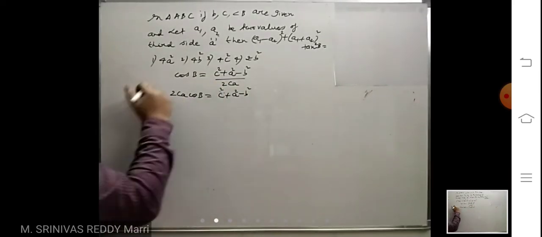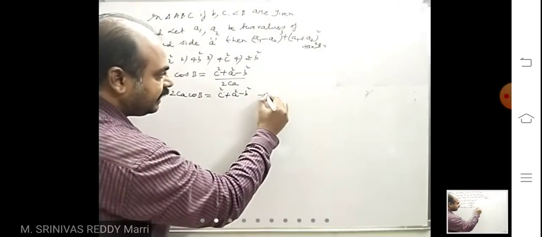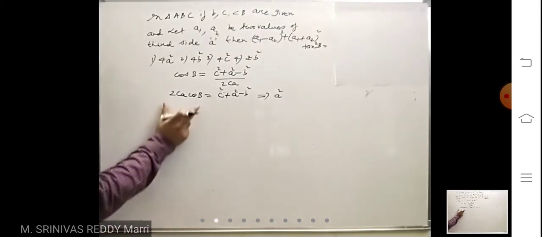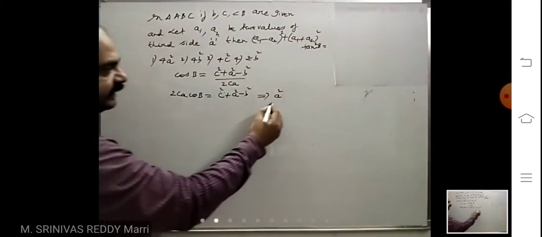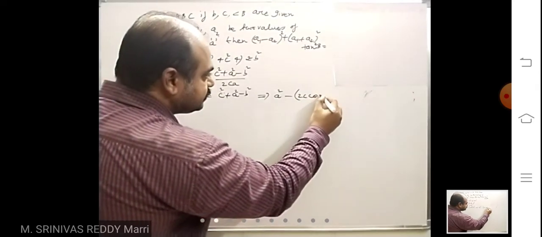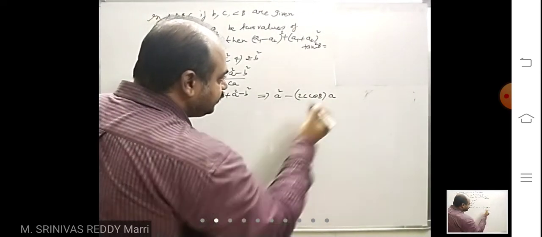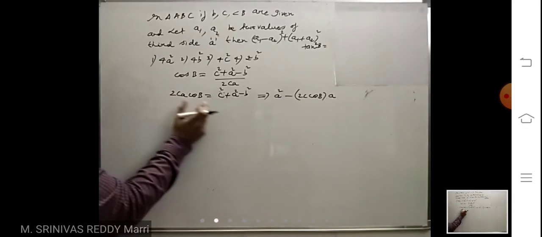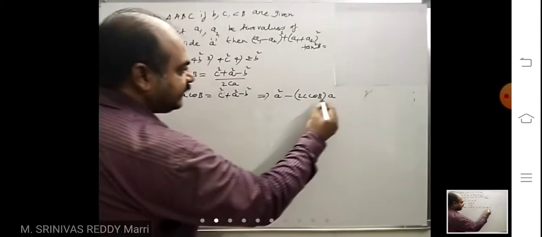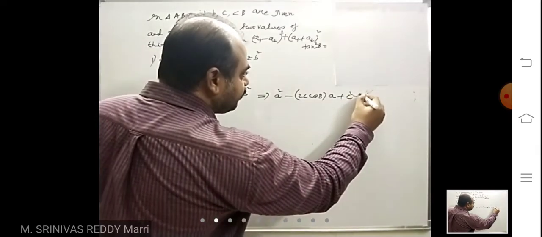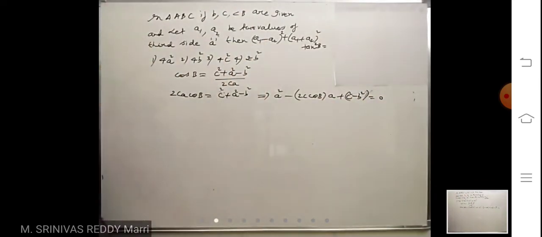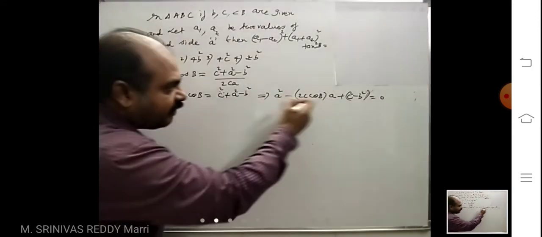Observe carefully, I am bringing this side a square, forming a quadratic with the a square term first. Then minus 2c cos B into a, and the remaining term is c square minus b square. This is the quadratic equation.